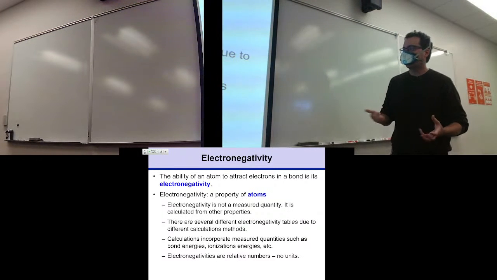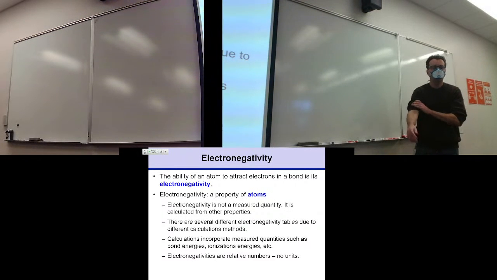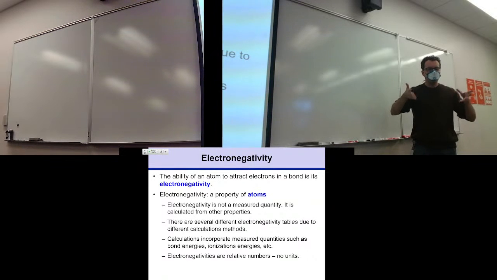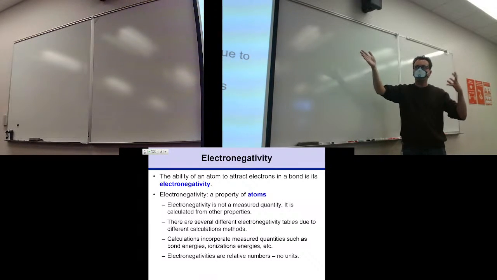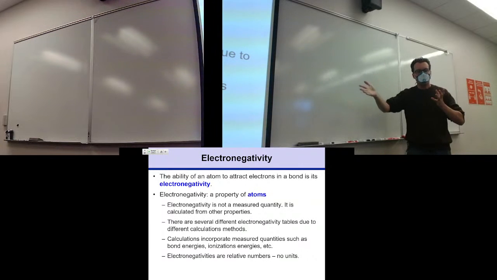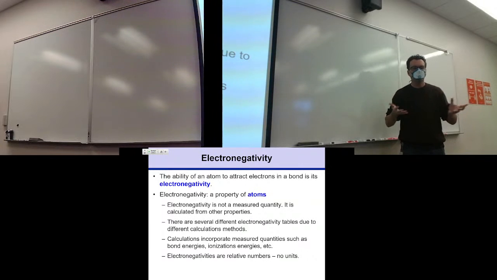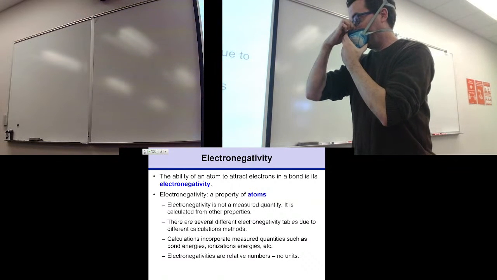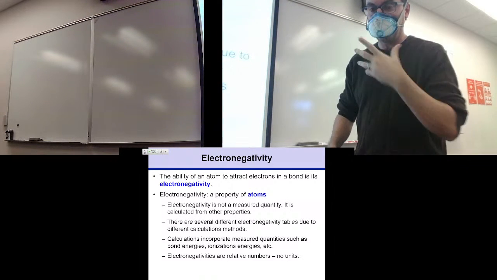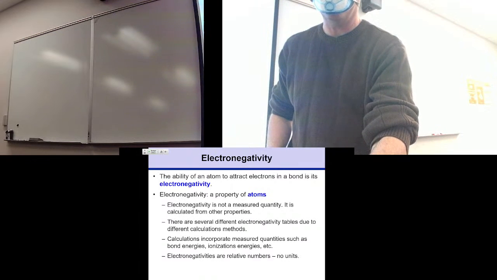The values for electronegativities are relative, meaning that something having electronegativity 4 doesn't mean anything specific. It only means something when you compare it to another one. So fluorine is 4, oxygen is 3.5. The difference between them, comparing them, is what matters. And there are no units, since we didn't get them from a direct measurement.